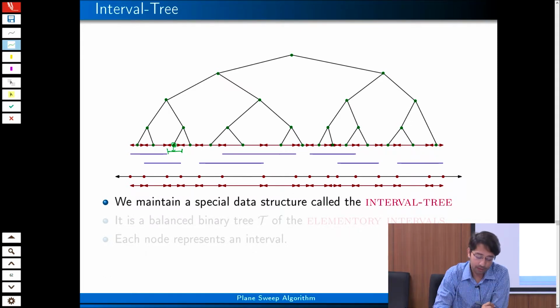So, for example, can you tell me what is the interval corresponding to this vertex? Is this interval from here to here. For example, what is the interval corresponding to this?